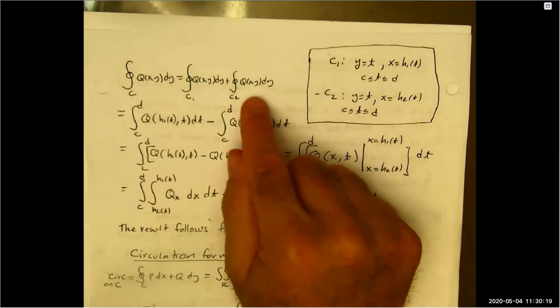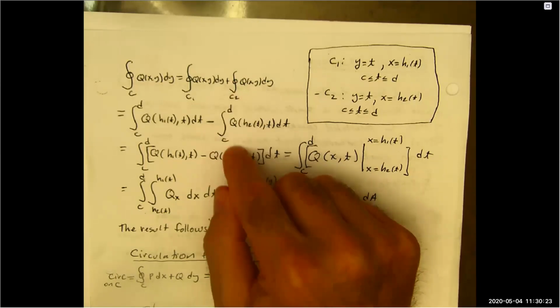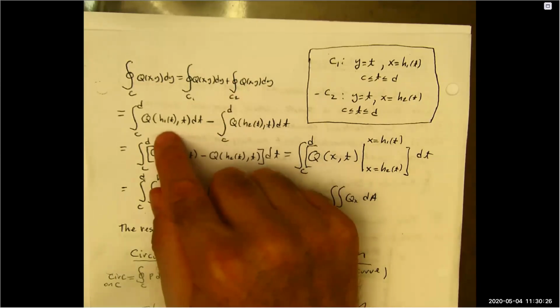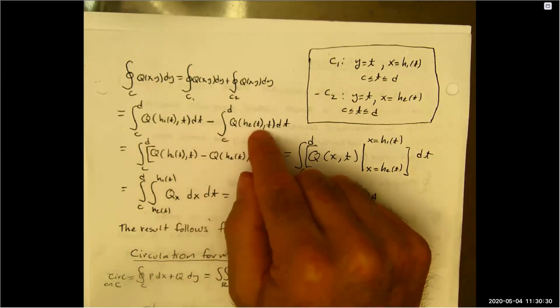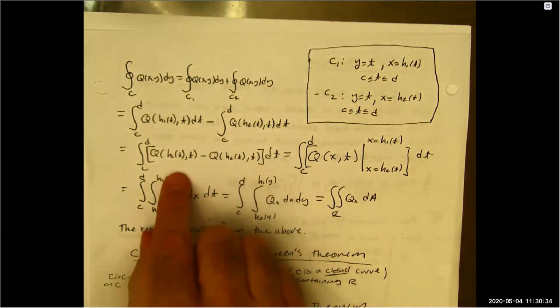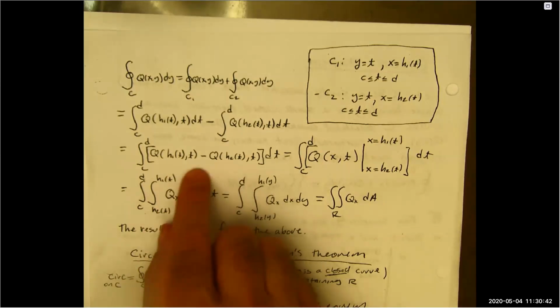And so again, what we can do is make this a minus C2, and then we're going to have this, putting in our parameters and then our functions of t. And so then we can combine these into one integral here.